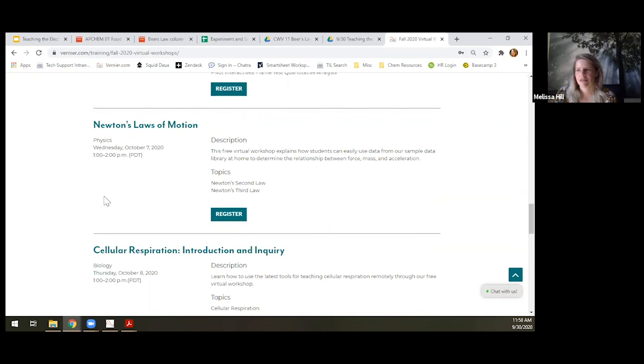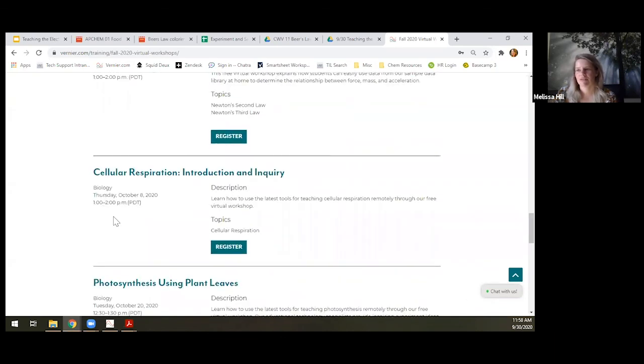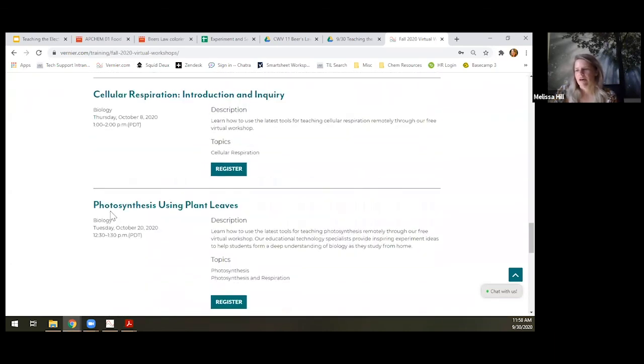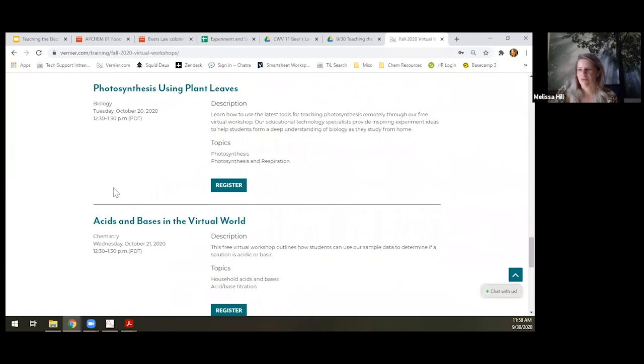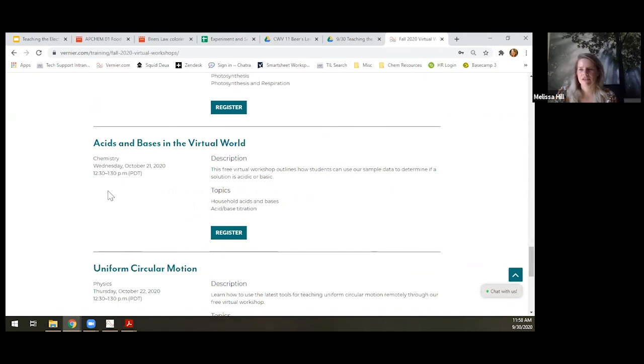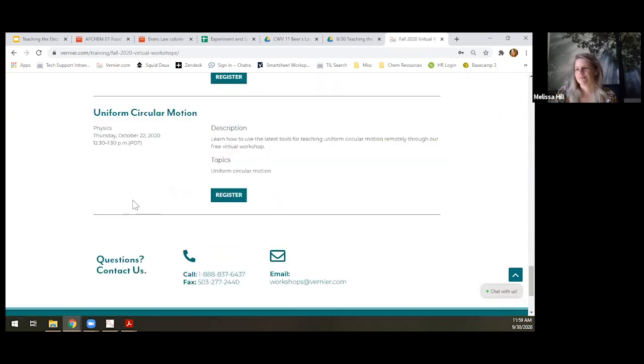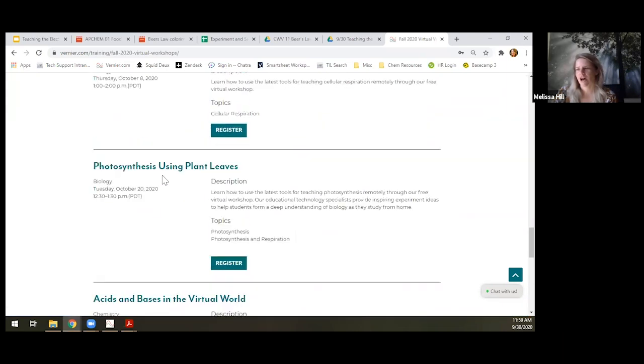So physics next week is Newton's law, and then cellular respiration for bio. And then later on in October, we have a couple others. Photosynthesis, we'll be back here talking about acids and bases and how you can do titrations virtually with your students. And then a physics one there at the end of October. So those are the fall workshops.